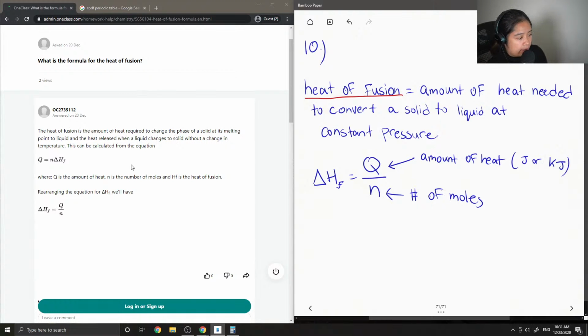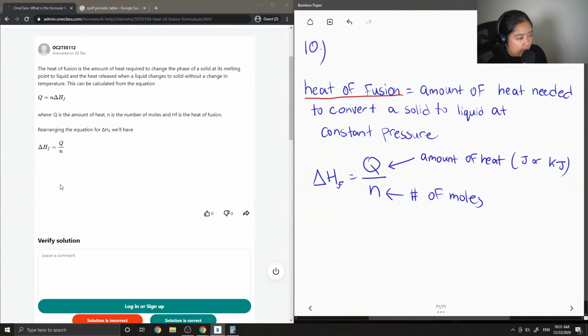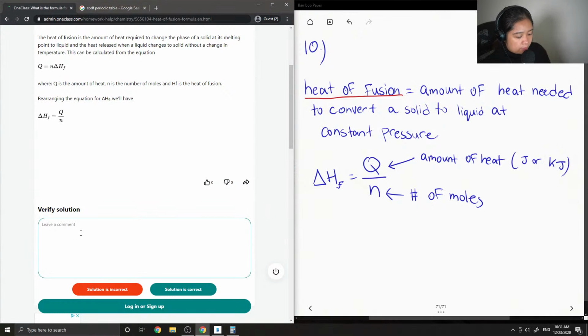This can be calculated from the equation Q is equal to N times delta HF, where Q is the amount of heat, N is the number of moles, and HF is the heat of fusion. Rearranging the equation for delta HF, we have delta HF is equal to Q over N. Yep, so this solution is correct.